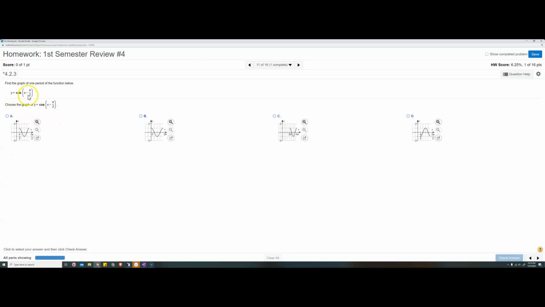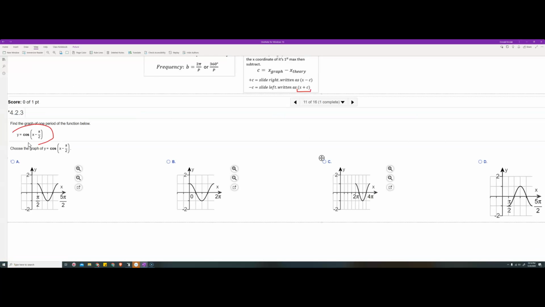All right, now we're going to take the cosine and slide it pi over 2 units to the right. So our shift here, minus pi over 2, means you're going to take a cosine graph and slide it pi over 2 to the right because of the minus. So here's a regular cosine graph right here.